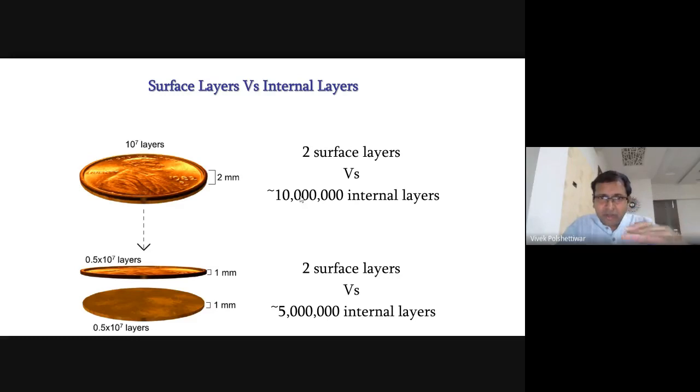If I cut that 2 mm coin into 1 mm and 1 mm, what happens? Now I have around 4 surface layers for these 10,000 internal layers. That means 2 surface layers for 5,000 internal layers. That means by simply moving from 2 mm to 1 mm, I have increased the surface layers. But how much? From 2 to 4 doesn't really make a huge difference.